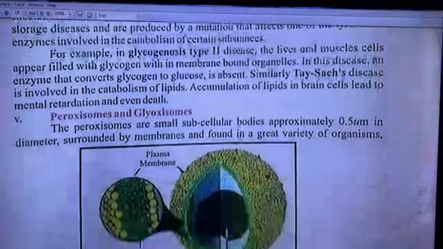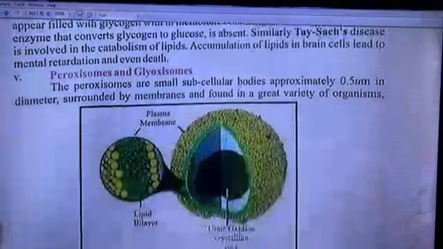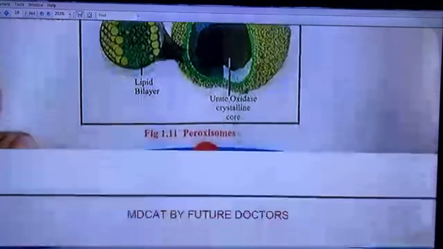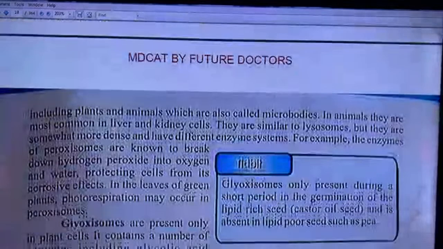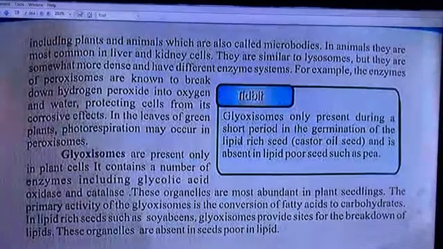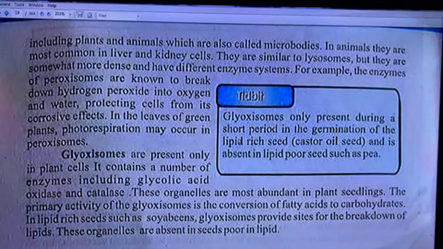Peroxisomes. Peroxisomes are small subcellular bodies of approximately 0.1 micrometer in diameter, surrounded by a membrane and found in a great variety of organisms, including plants and animals, which are also called microbodies. In animals, they are most common in liver and kidney cells.